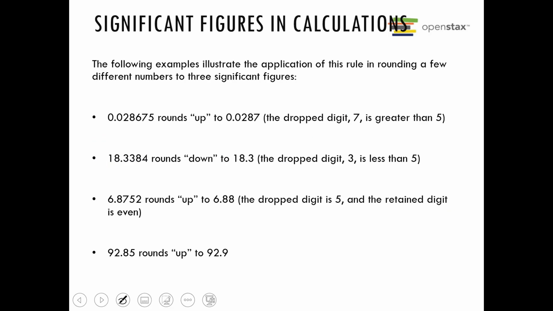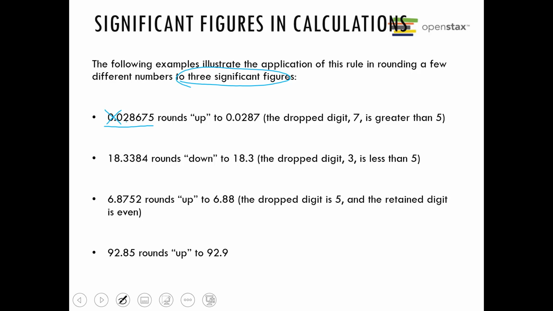Now, what if I said we needed to round to get to 3 significant figures? So if your calculator gives you an answer of 0.028675, and I only needed 3 significant figures. Well, we know that these leading zeros do not count towards being significant figures.